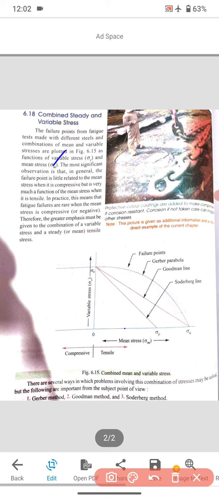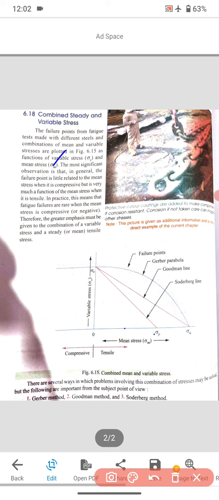But if you want the compressive region also, you may draw the line backwards, and you will get the effect of the compressive region also.